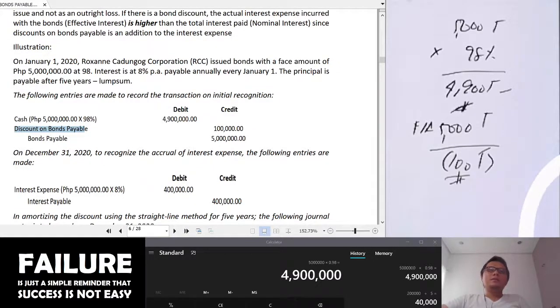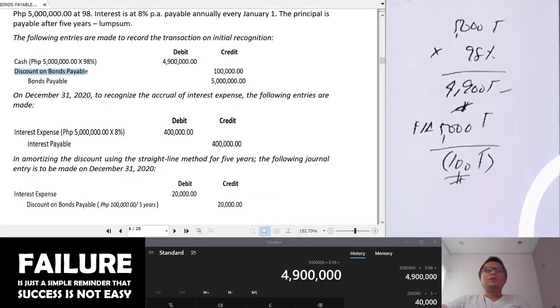Then credit bonds payable at 5 million. Now, to recognize the accrual of interest on December 31, 2020, same entry as with the premium: debit interest expense at 400,000, credit interest payable.